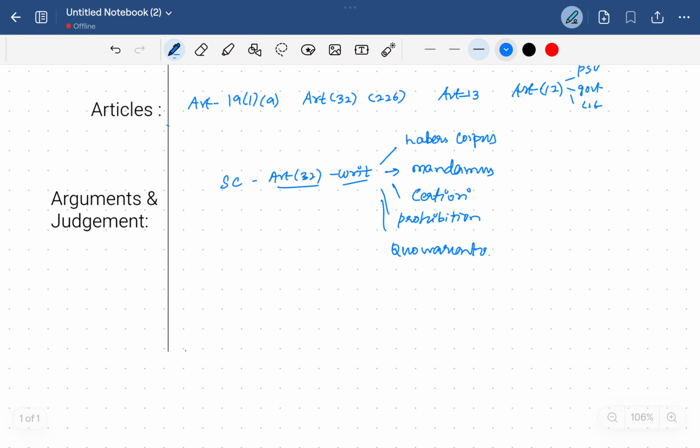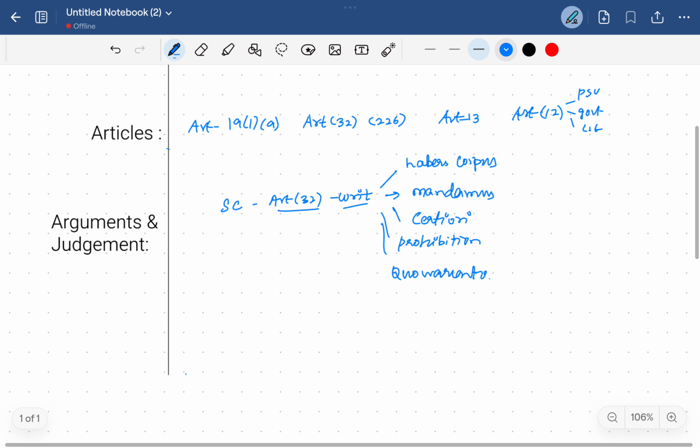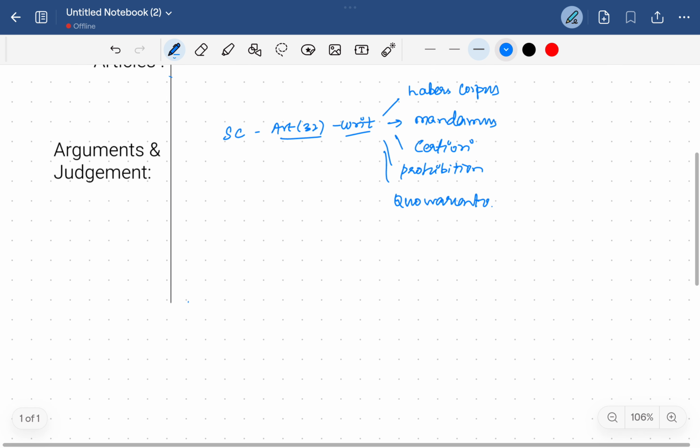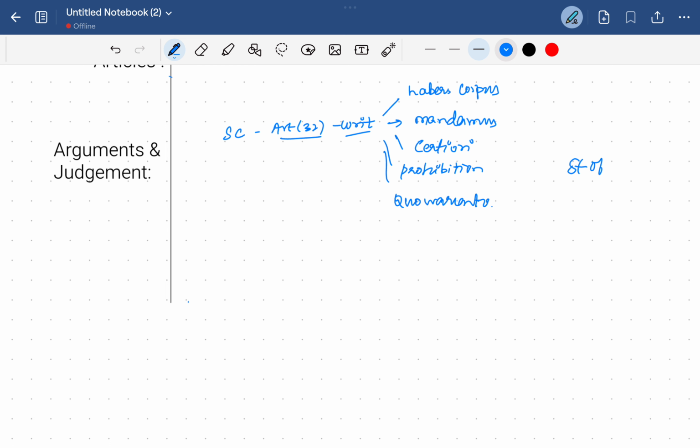So under the writ petition, Romesh Thapar went to the Supreme Court claiming that his fundamental right was curtailed.